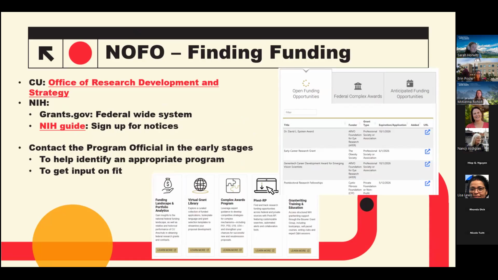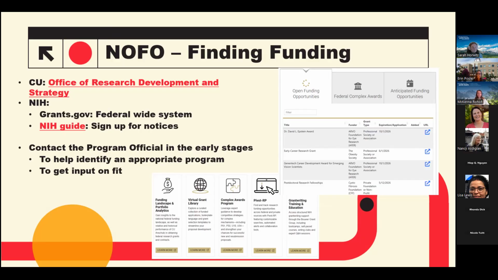The bottom screenshot really highlights some of the grant writing support that they offer, which is great. If you haven't checked that out, definitely recommend checking out that website. And this website is listed on our resources, so when you get this PowerPoint, you'll be able to access that easily.